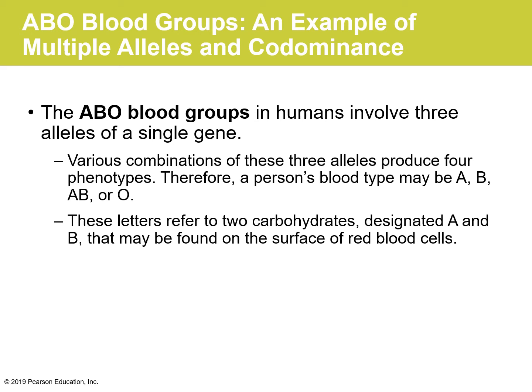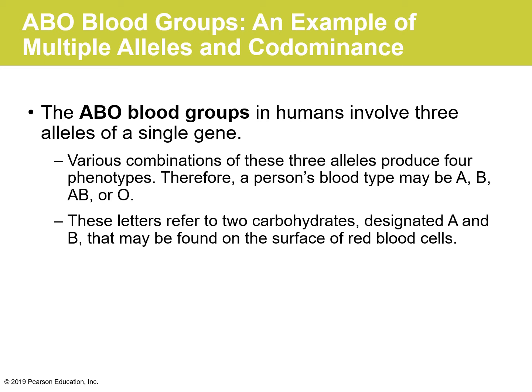Another exception to Mendel's laws is codominance and multiple alleles, and we see this in the ABO blood groups or blood types of human beings. In human beings we have 4 different types of blood groups: A, B, AB, or O. These letters refer to carbohydrates or antigens designated as A and B, which usually stick out from the surface of our red blood cells.